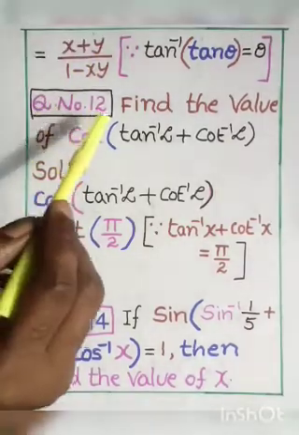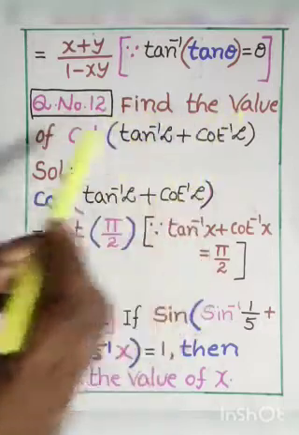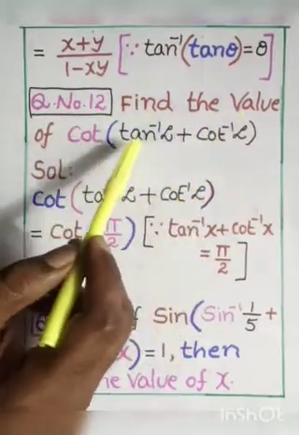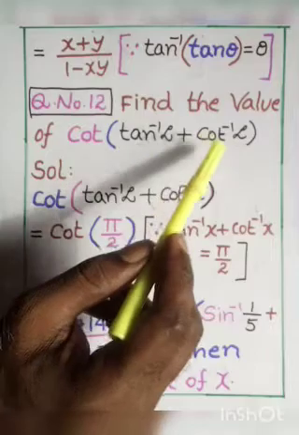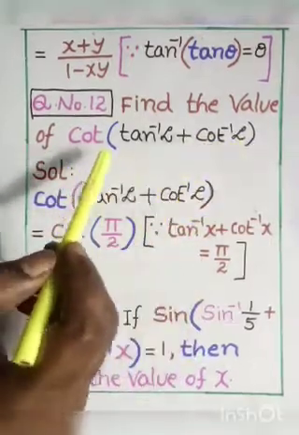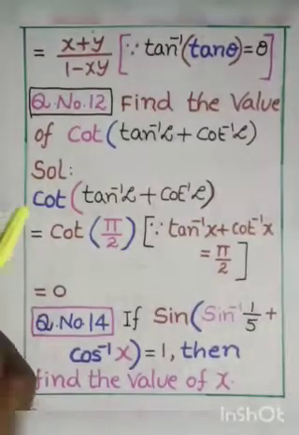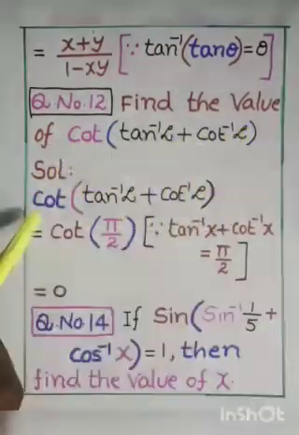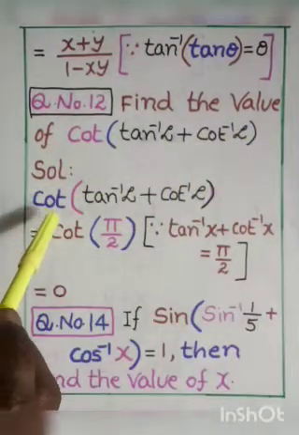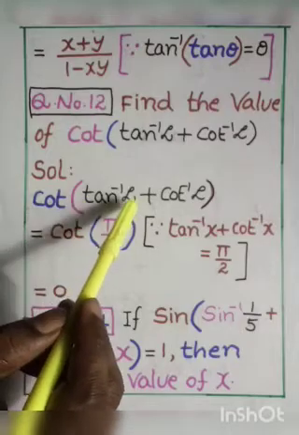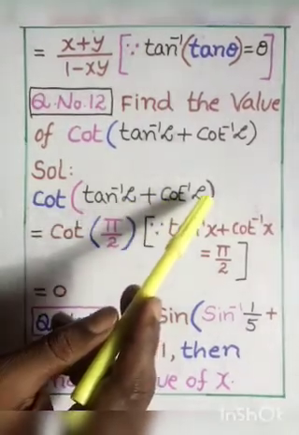Now come to the question number 12. Find the value of cot of tan inverse alpha plus cot inverse alpha. We have to find the value of this function. Okay, my dear children. Now let us take the given function. Now what is the given function? Cot of tan inverse alpha plus cot inverse alpha.